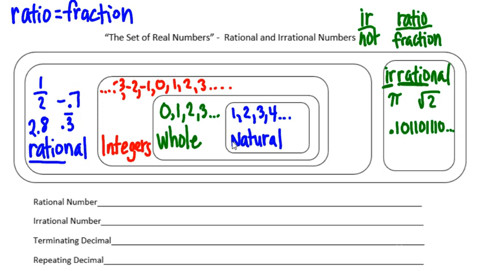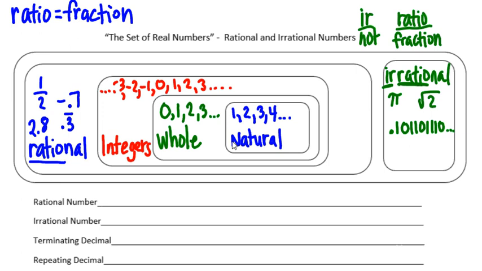It's not what I would call a big ugly decimal, like what we see on the calculator if we put in the square root of 2. It's very organized and neat, and it has a pattern. It repeats the 1 0, but every time you do it, it adds another 1 in there. So it's not an exact repeat. Because it's not an exact repeat, even though it has a pattern, it is not rational.